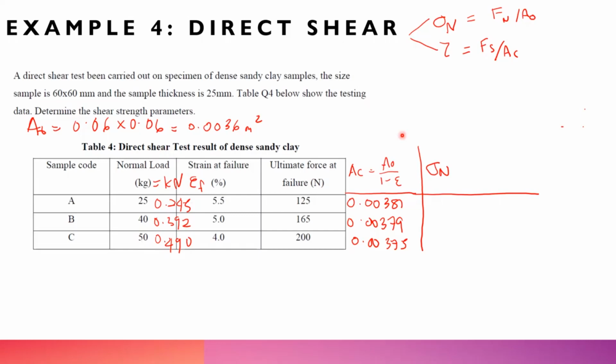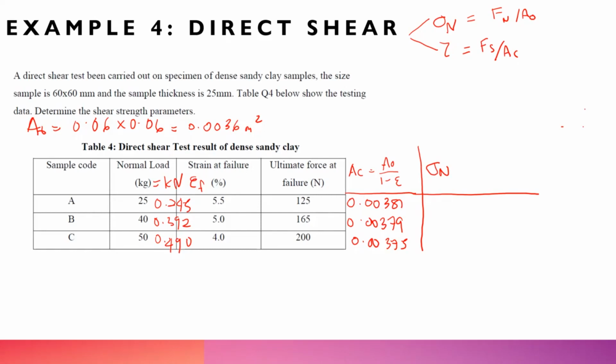The cross-section area changes here are subjected to the second stage, which is when you apply the shear force. The first stage still uses the initial area. So whatever value here, 0.25, 0.392 and 0.490, divide by 0.0036, then you get the value of normal stress.